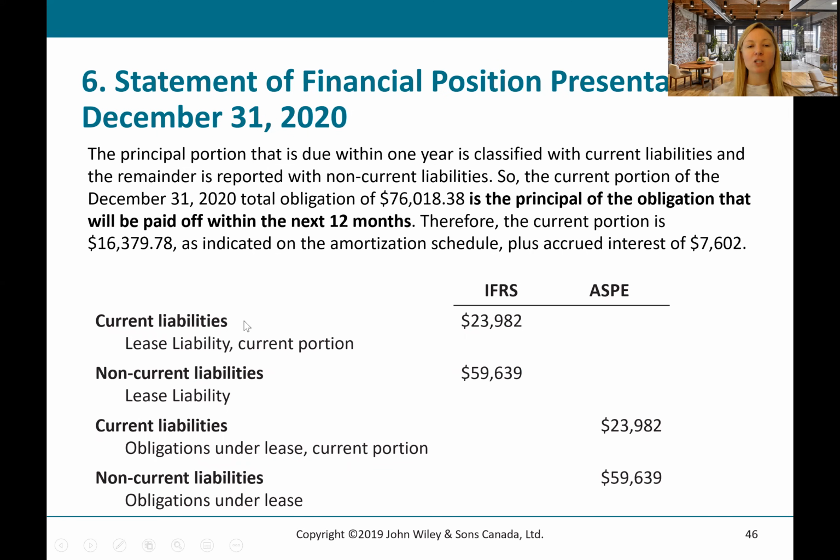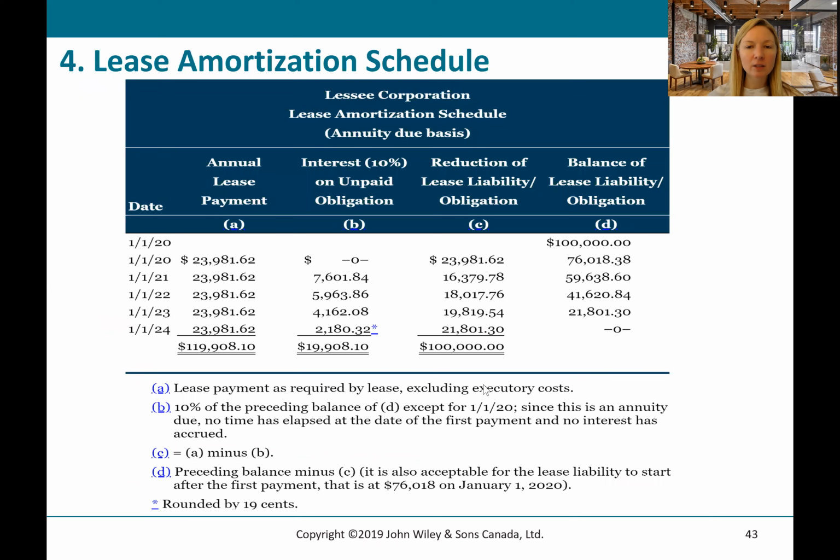So if we take a look here, under IFRS, our current liability is going to be $23,982, and our non-current is going to be $59,639. So let's take a look at how we got there. The total obligation of 76 is the principal. Let's go back here and see what we've got.